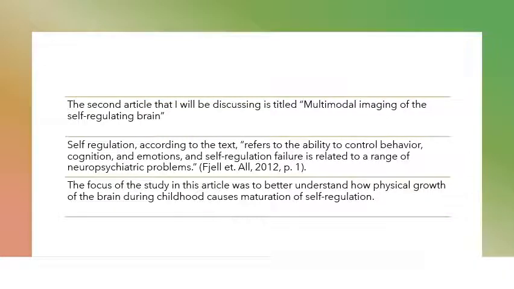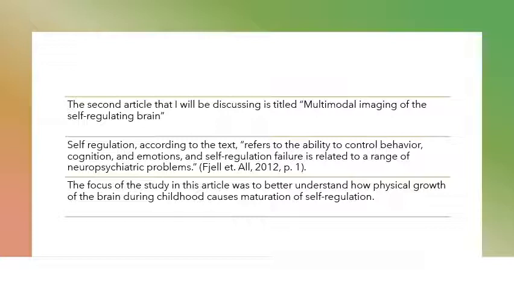The second article that I will be discussing is titled "Multimodal Imaging of the Self-Regulating Brain." Self-regulation, according to the text, quote, "refers to the ability to control behavior, cognition, and emotions, and self-regulation failure is related to a range of neuropsychiatric problems."